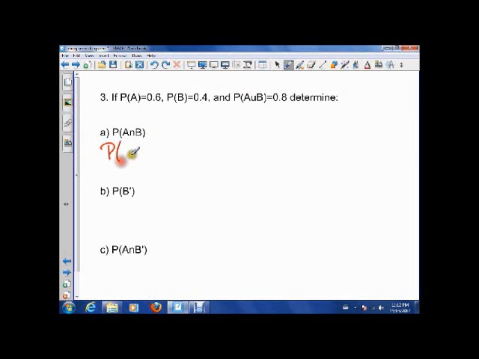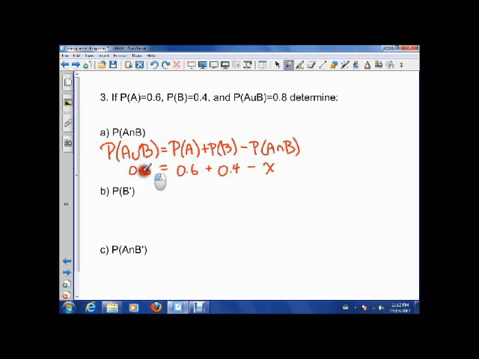We know that A union B is A plus B minus the intersection. So A is 0.6, B is 0.4, the intersection I don't know, so I'll call it X, and the union is 0.8.